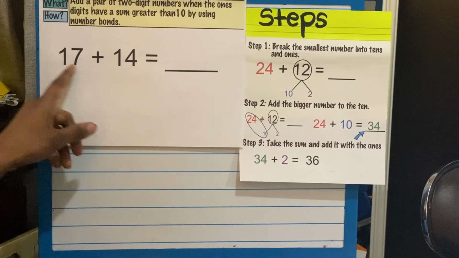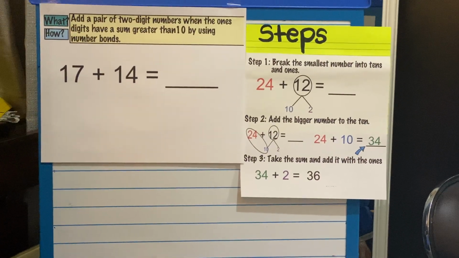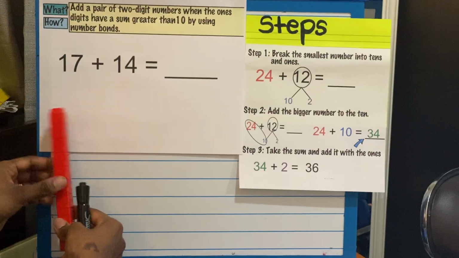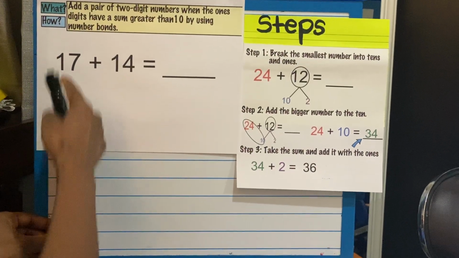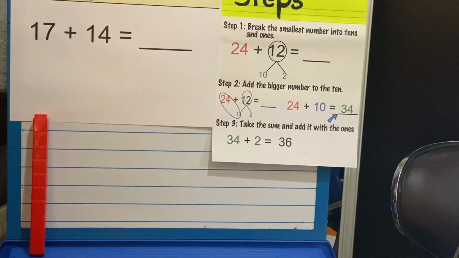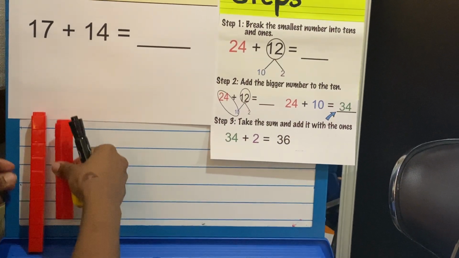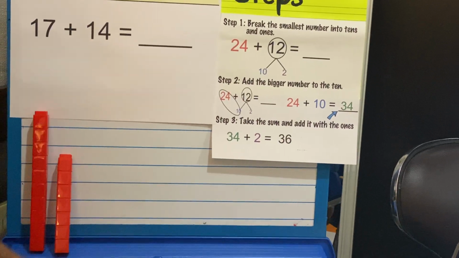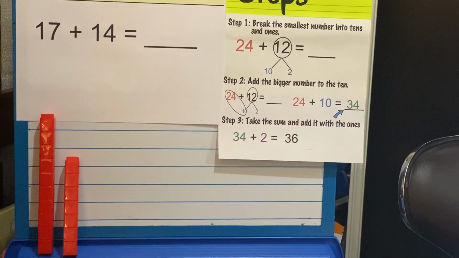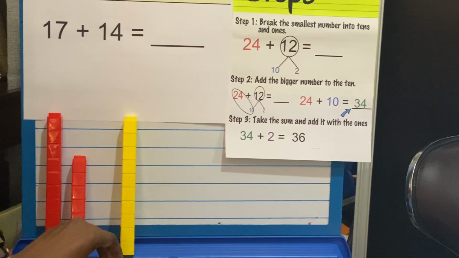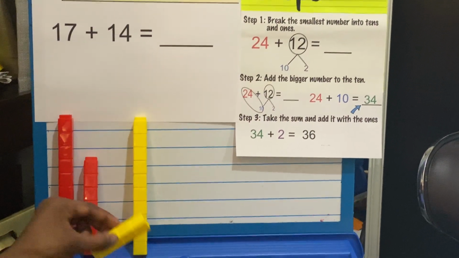But let me quickly represent this with my manipulatives. So I have 17. I need 1 ten and 7 ones. And then I need 14. So I need 1 ten and 4 ones.